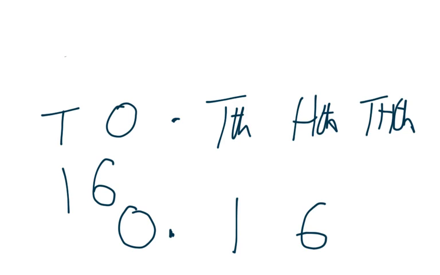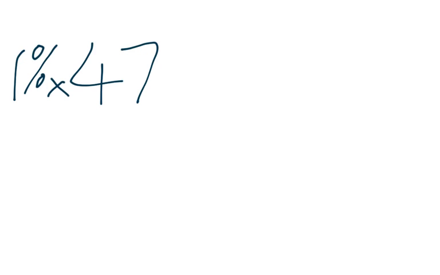If you are doing 47, if we want 1% times 47, we divide it by 100. So we're moving it 2 places to the right.